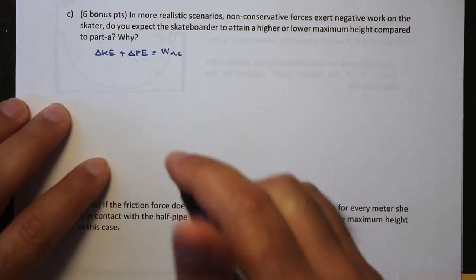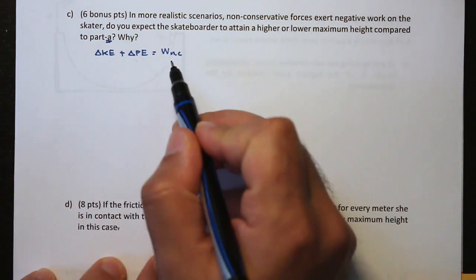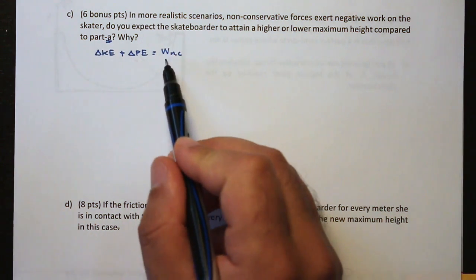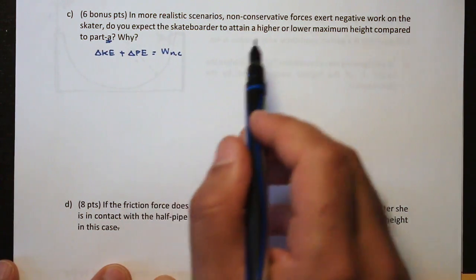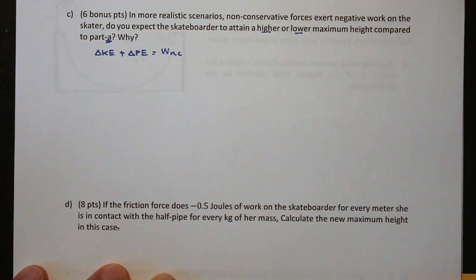And it used to be for part A, which is what we're comparing to, that the work done by non-conservative forces was 0. Now it has some negative value, and I want to know what will happen to the maximum height attained by the skateboarder.